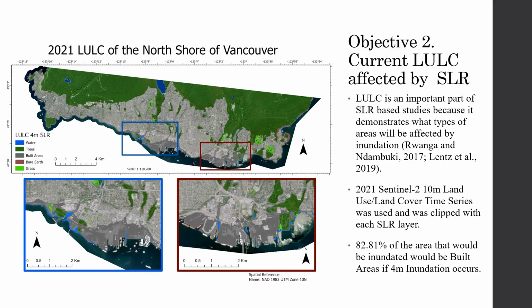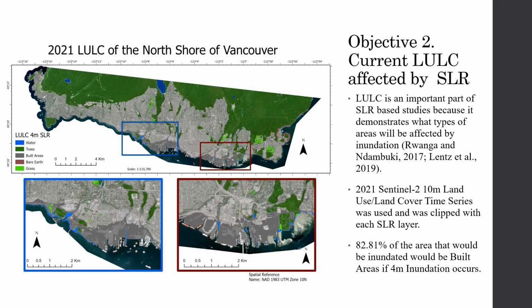Land use land cover, or LULC, is an important part of sea level rise based studies because it demonstrates what types of areas will be affected by inundation. These maps can be created from aerial or satellite images that are classified into different categories by classifying different pixels.